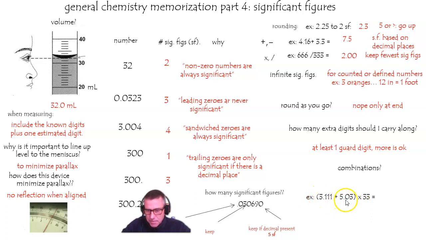We have something in parentheses where we need to add and then multiply it by 33. So let's go ahead and add this and recognize that it's only going to be accurate to the 100th. We'll put a line under those significant digits, but carry along everything, and then we'll get an exact number and we'll round at the end. So when we do this one, apply as you go, but don't round is the general rule.